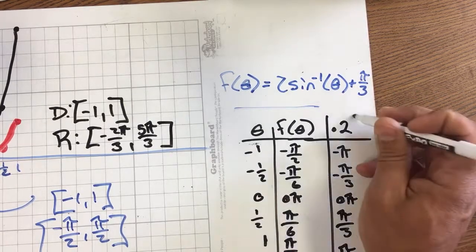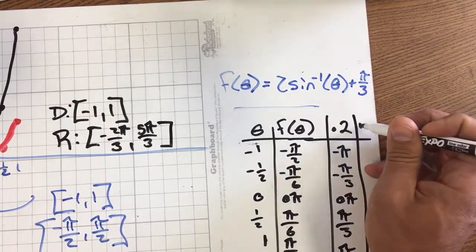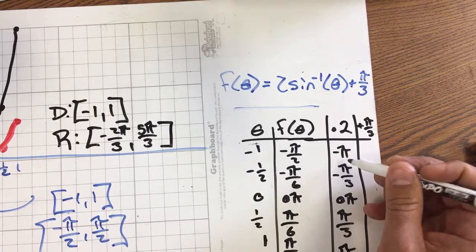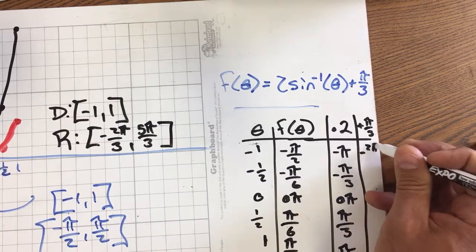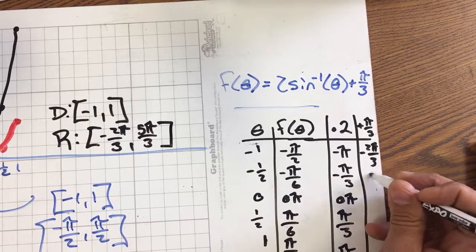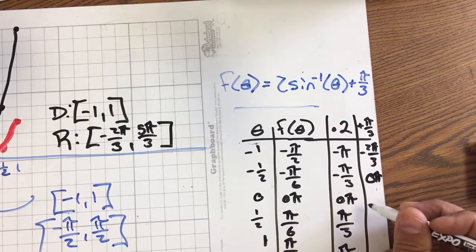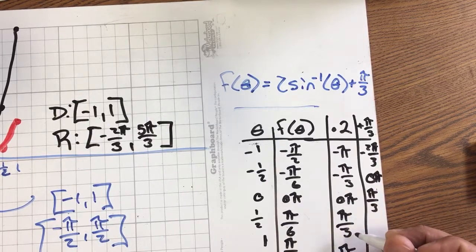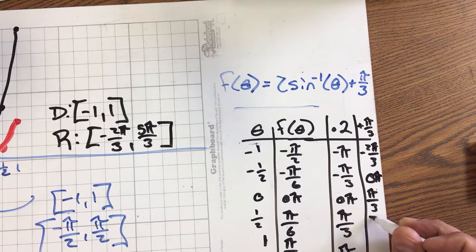And then we're going to add the D value, which is going to be plus pi over 3. So that's negative 2 pi over 3. That's negative pi over 3 plus pi over 3 is 0. That's going to be pi over 3. That's going to be 2 pi over 3.